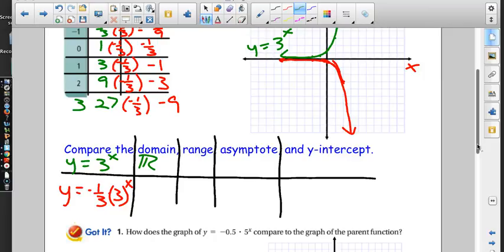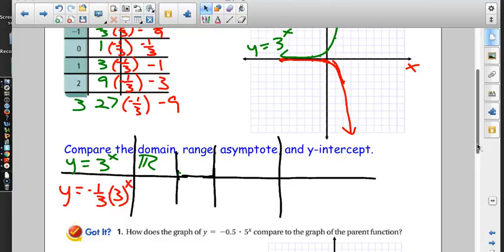But my green graph did not use all the y's. My green graph didn't use anything down here. It's using things that are bigger than 0. So y is going to be greater than or equal to 0. Oops, can't use the equal to. Now why can't I use the equal to? You remember from yesterday?